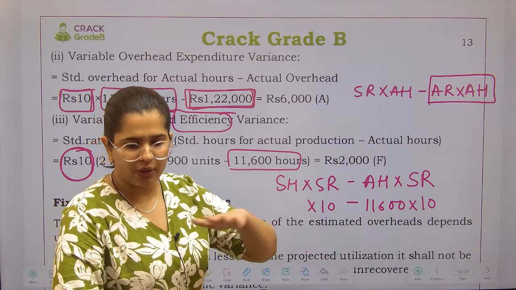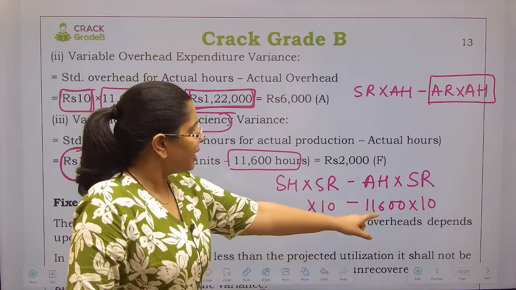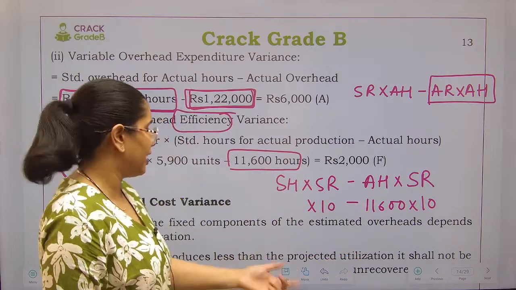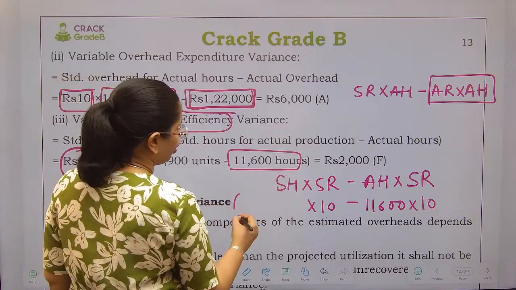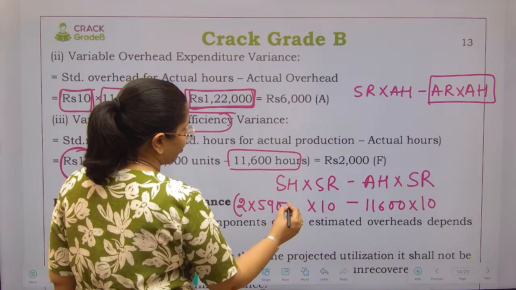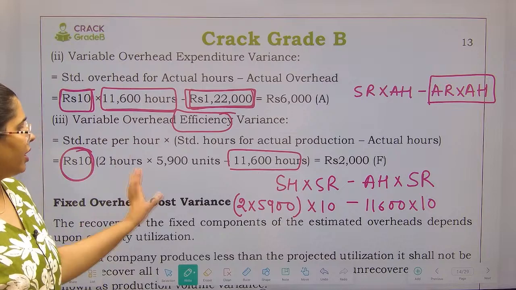And always your foundation should be same. आपका foundation हमेशा same होना चाहिए. 11,600 आवर्स कितने यूनिट्स के लिए हैं? 5,900 यूनिट्स के लिए. सो स्टैंडर्ड आवर शुड आल्सो बी 2 पर आवर आई नीड एंड हाउ मेनी यूनिट्स आई वांट टू प्रोड्यूस? 5,900. सो दिस इज गोइंग टू बी योर सॉल्यूशन.